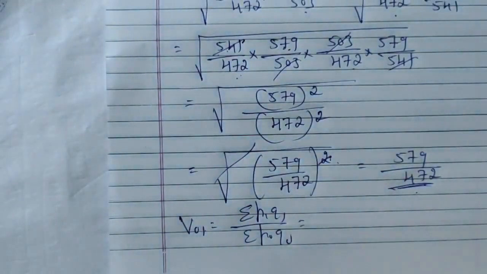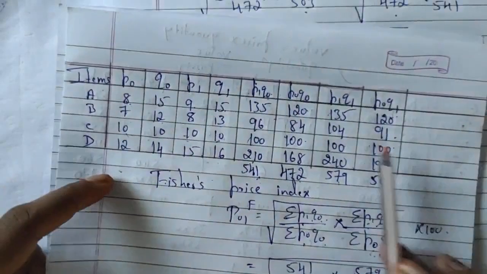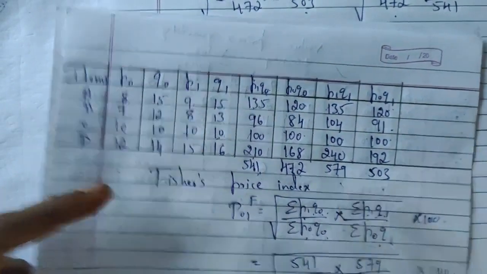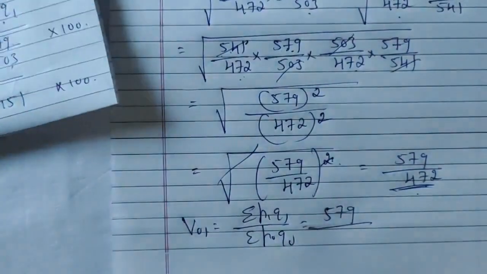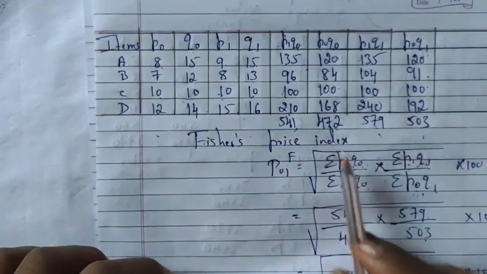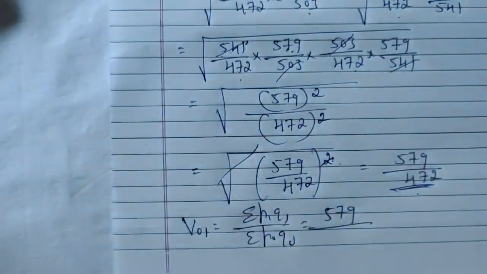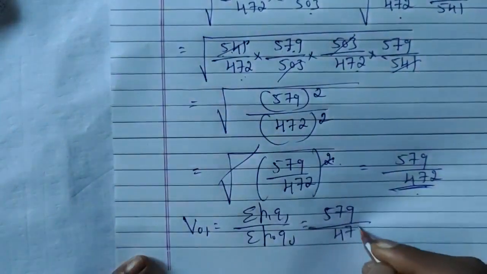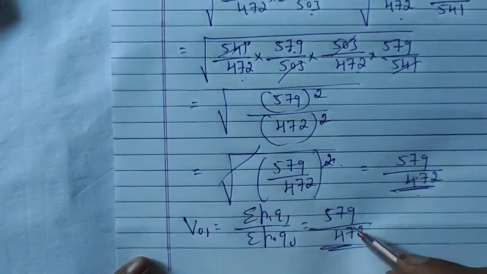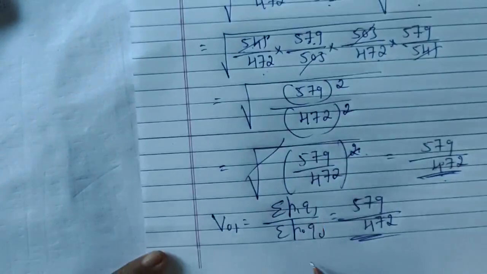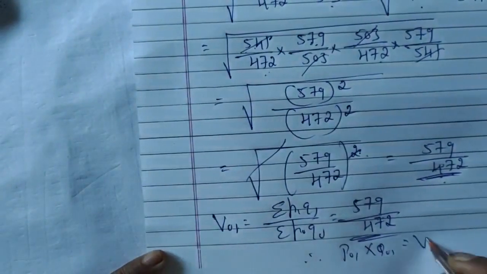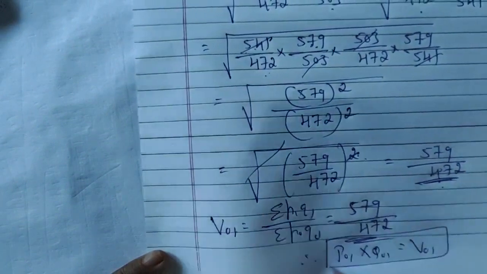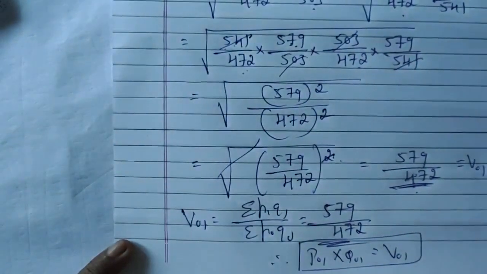See here, P1 Q1 total 579 divided by P0 Q0 total 472. So this is equal to this. Therefore, P01 into Q01 equal to V01.